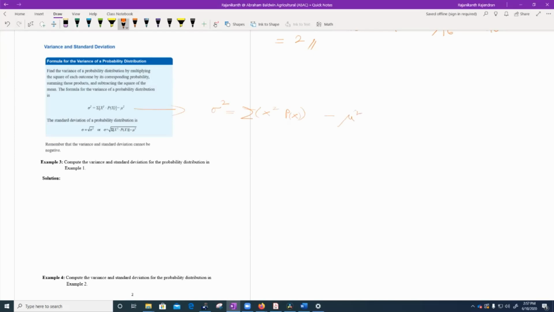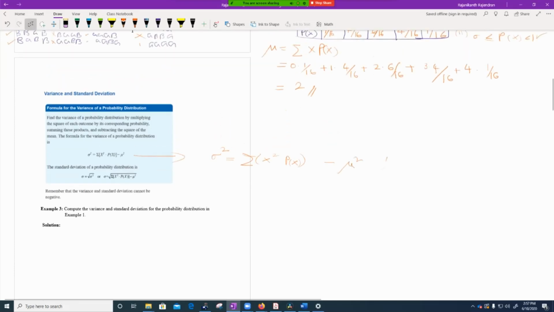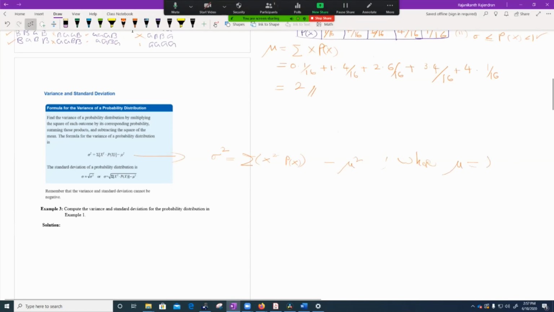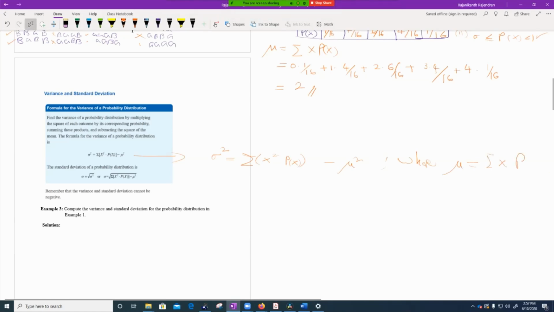So if you are asked to find the variance of the random variable, first of all you need to find mu, like earlier we did. So use the mu formula, where mu is given by the sum of x times p(x).